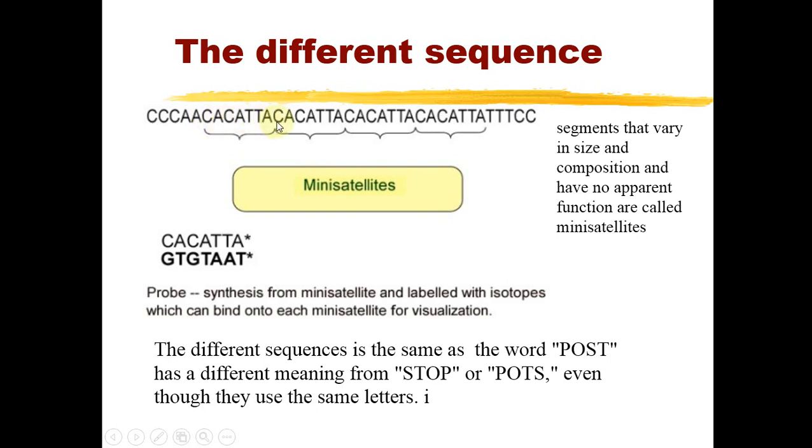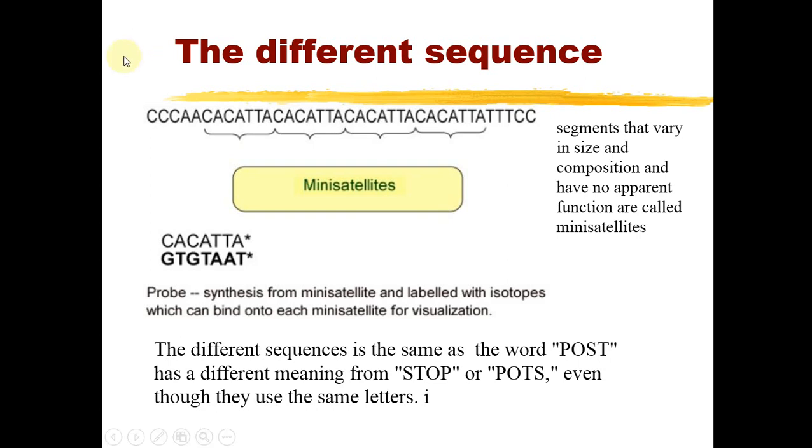Then again this sequence, a 7 nucleotide sequence, is repeated here 4 times. Say in one individual this sequence is repeated 4 times, in another individual it may be repeated 6 times, in a third individual it may be repeated 8 times. The repeat number differs.